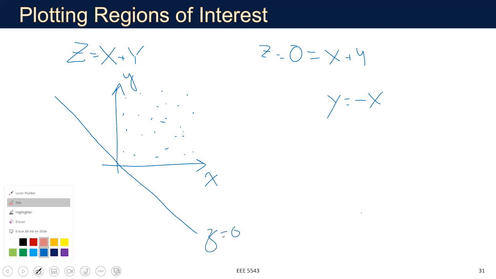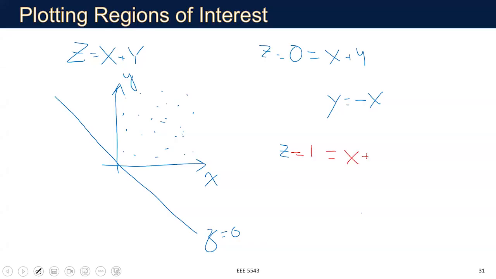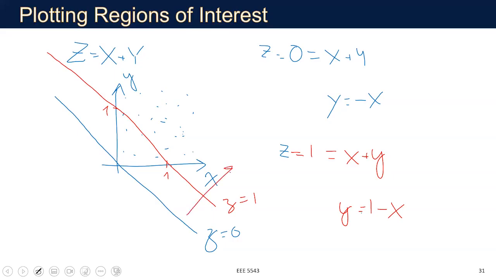Okay, so now let's try z equals 1. So then this will equal x plus y. So then this is going to be y equals 1 minus x. So let's plot that. So now we can see that z is going to be increasing in this direction.